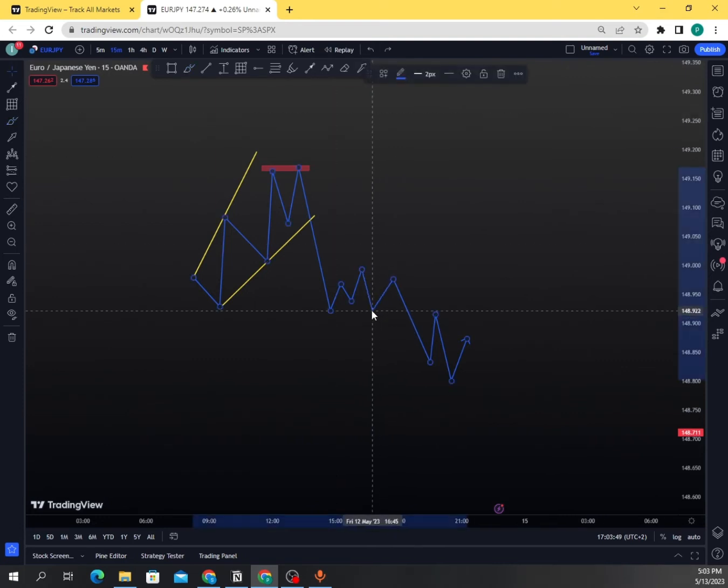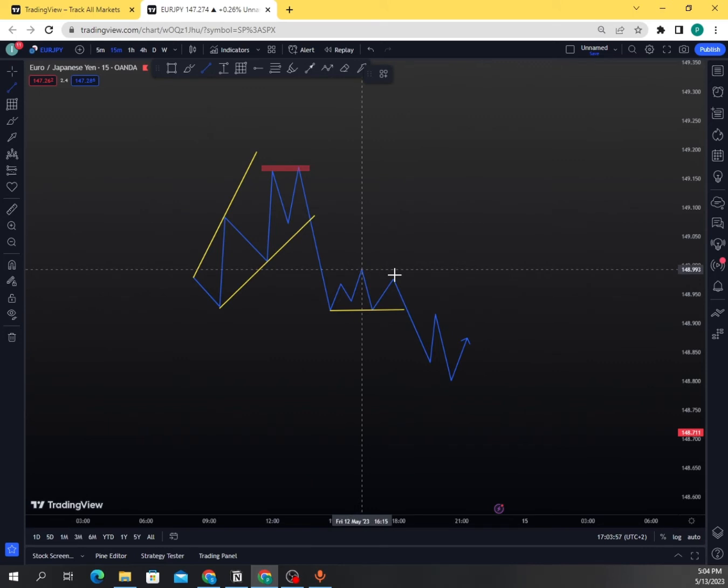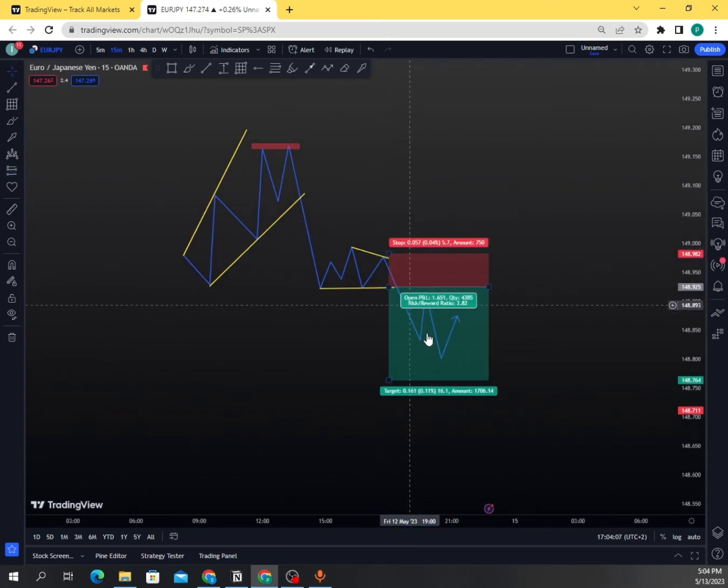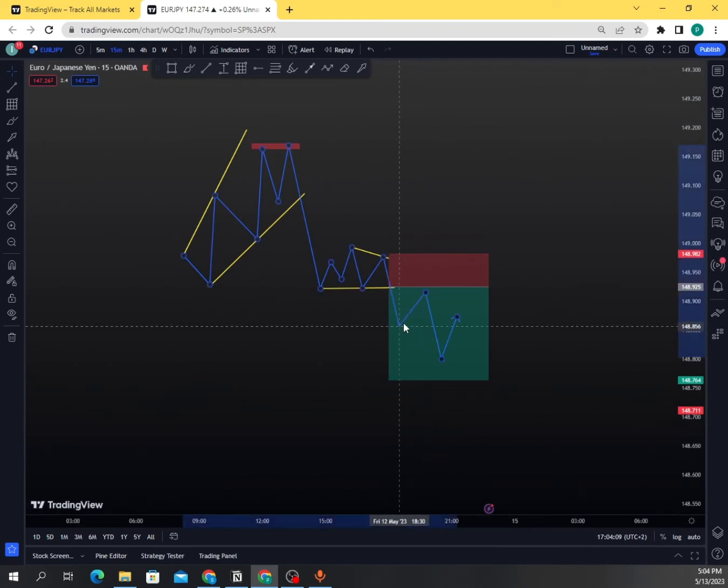So my trade was here in this continuation. I set a sell stop below here, and I put my stop loss above this high. So price started to move into profit.